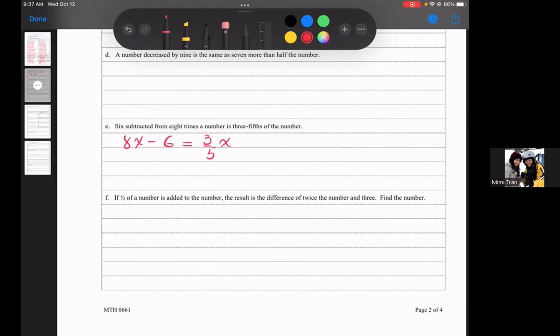Do you guys remember how to solve this? What do we have to find? LCD, right? Everybody doesn't have a denominator, so I'll put it over 1. What's the LCD for this problem? 5. So 5/1, 5/1, 5/1. The reason we do this is so we can get rid of the 5 in the bottom. This should be gone. 5 times 8 is 40x minus 30 equals 3x. Subtract 3x from both sides.